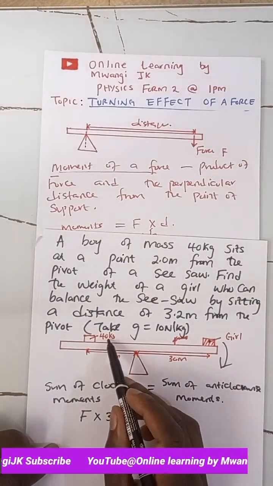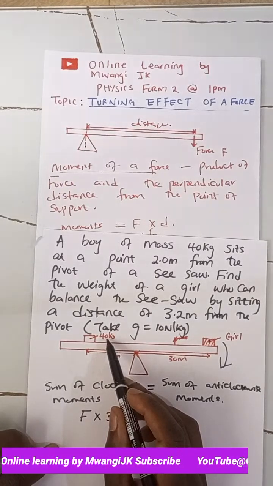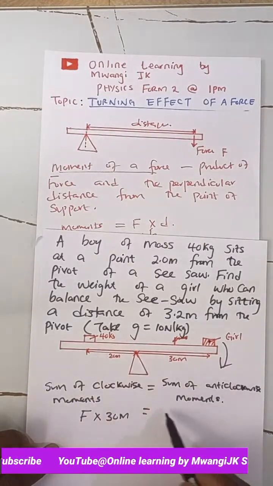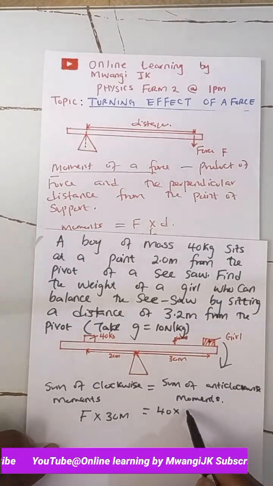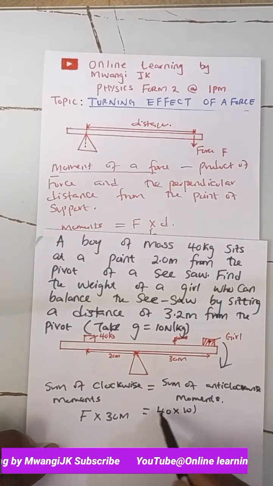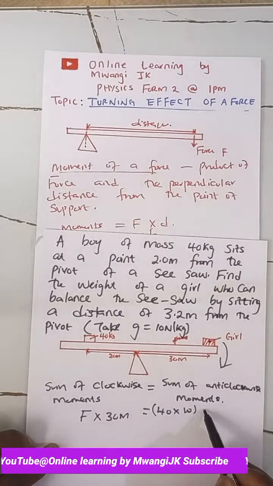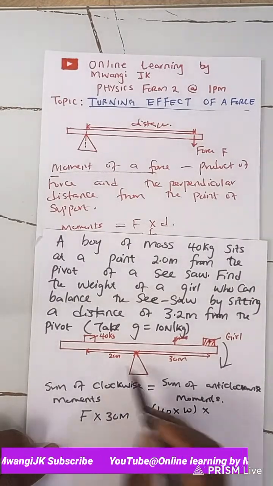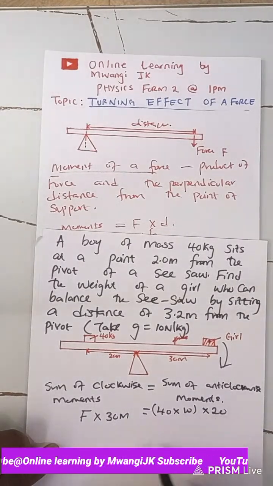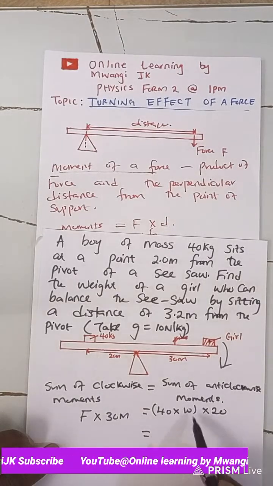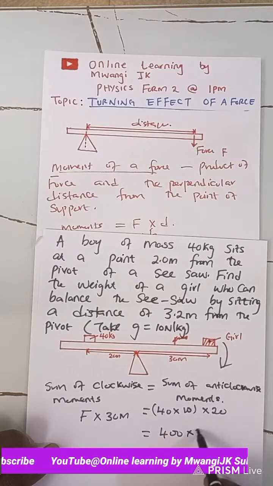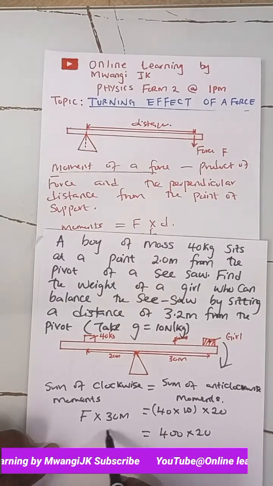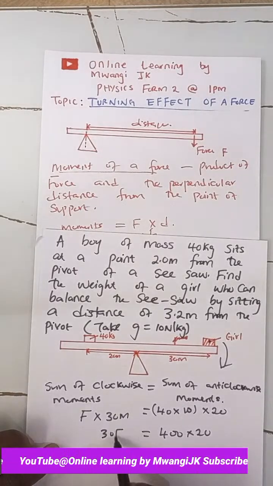So we change the mass of the boy into a force, so 40 times 10 to make it a force, and then we multiply by the distance from the pivot, which is 2 meters, and so this is 400 times 2, and then this is 3.2F.